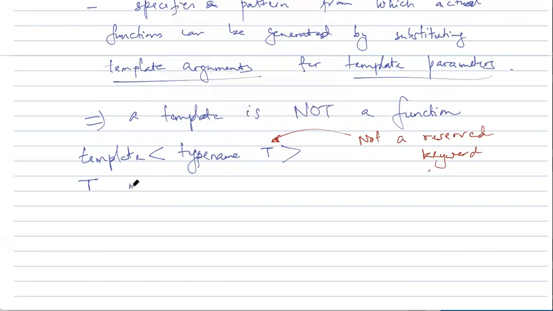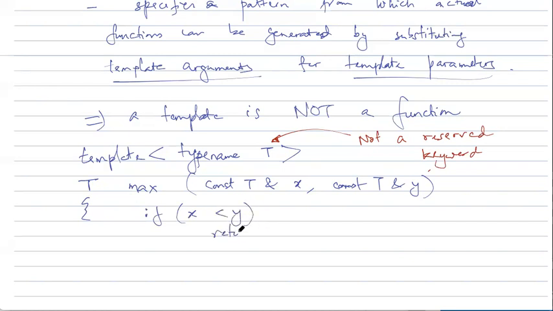So suppose I write T max, and then here I write const T& X, const T& Y, and I write a max function that if X is less than Y, then return Y, else return X, right?